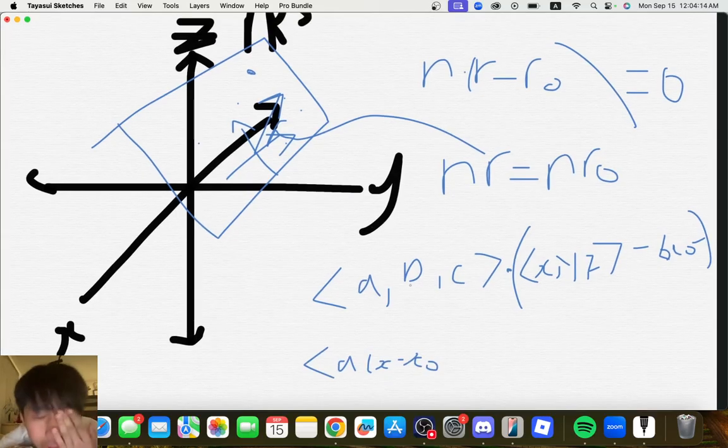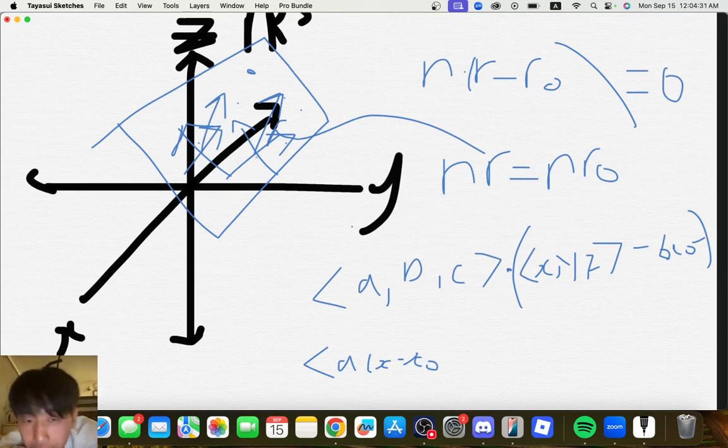So key takeaways are: a plane can be made of two vectors, but typically you'd be using the normal vector of the plane, or the cross product of those two vectors, right?